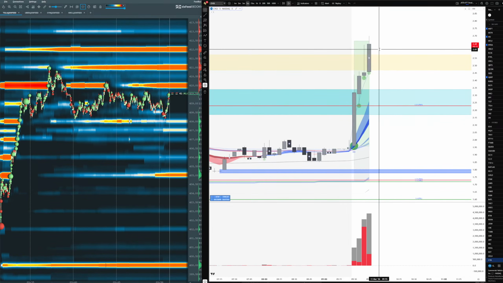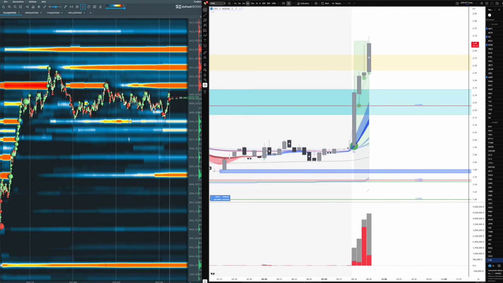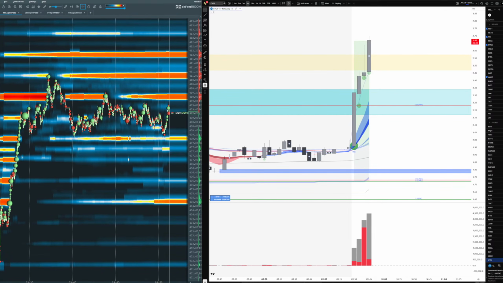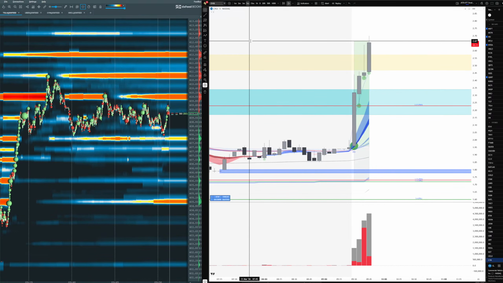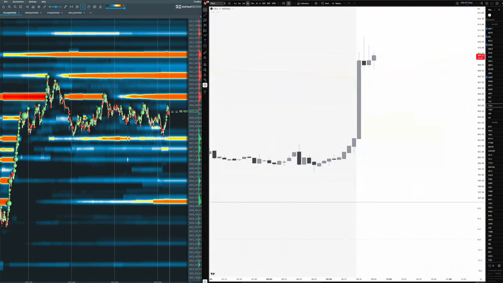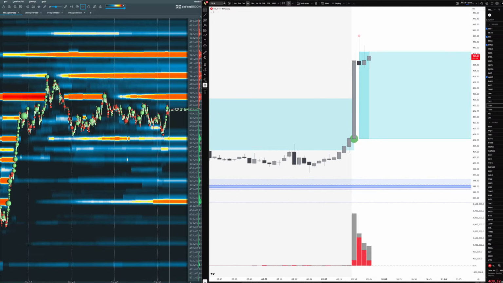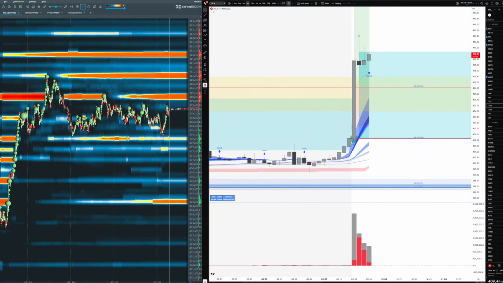So from $2 until over here 260s. So holding over here Tesla.